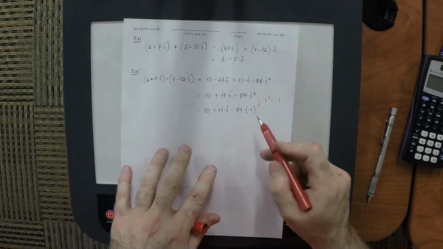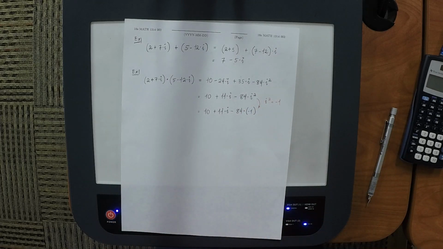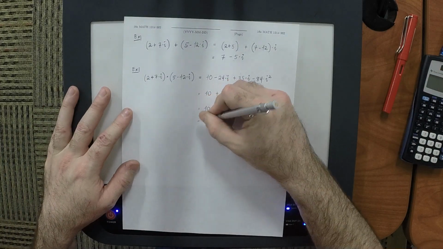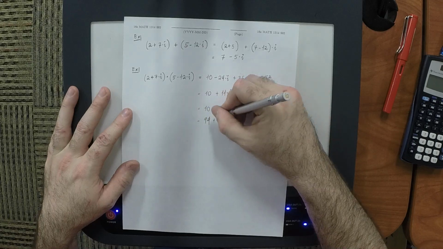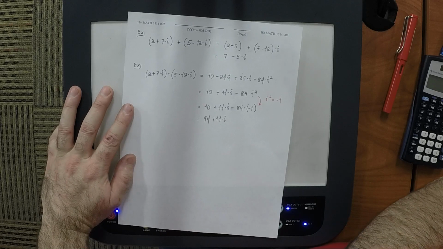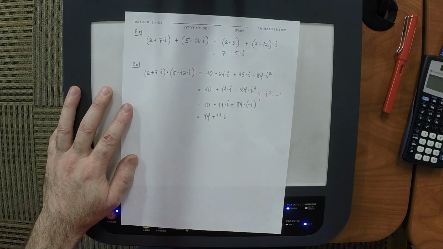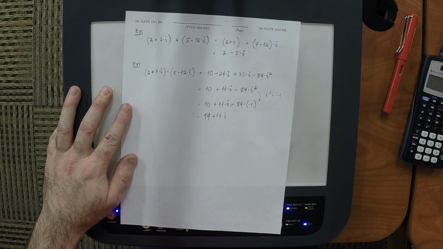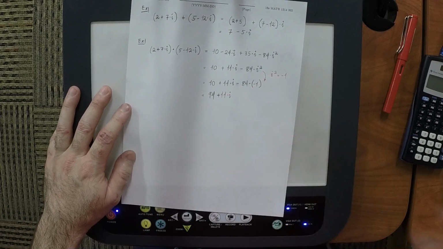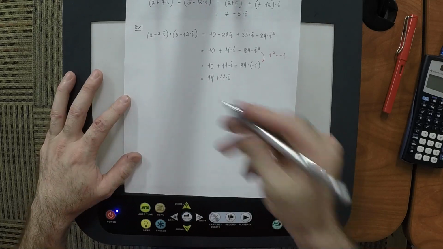So that's not really subtracting 84i squared, that's really adding 84. So we add 84 to that and get 94 plus 11i. Interesting. Any question about this one? So in a sense, it's just like multiplying polynomials together, except we have an additional rule that i squared is negative 1.